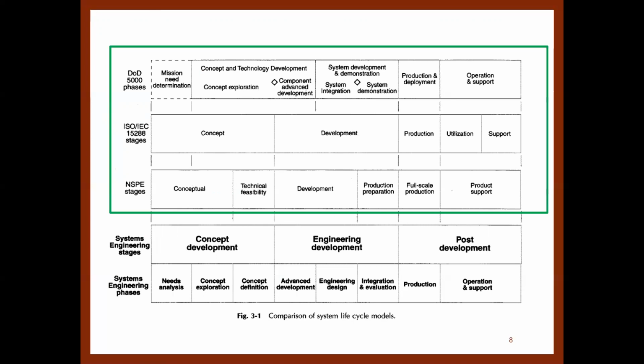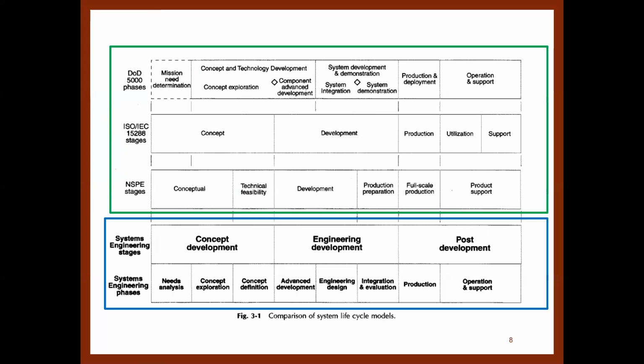At the bottom, we have the system lifecycle model that we are going to use in this class. This is the one that you have to memorize. This is the one that you need to know, the 3 stages and the 8 phases of the system lifecycle model. So we have concept development, and within concept development, we have needs analysis, concept exploration, and concept definition.